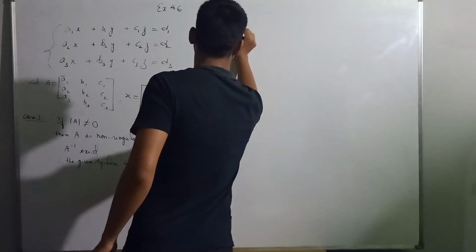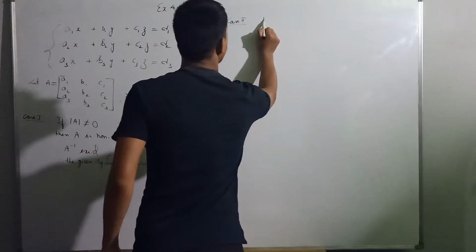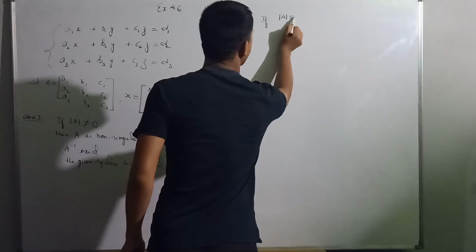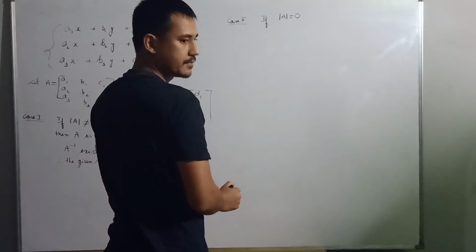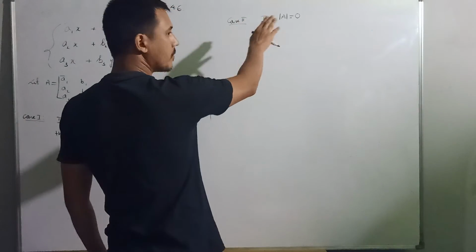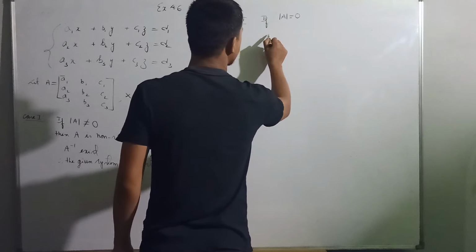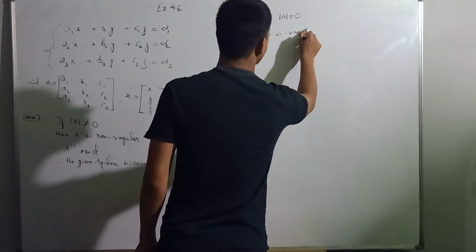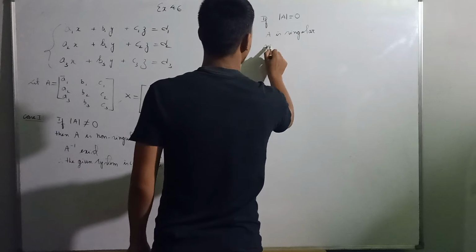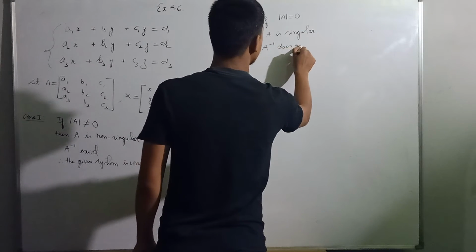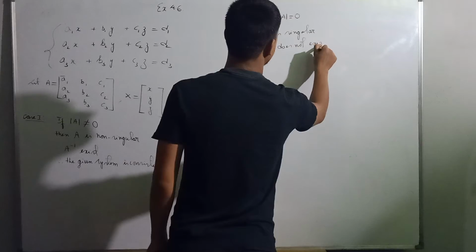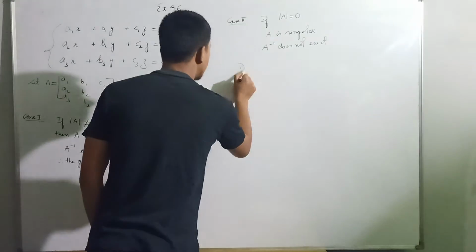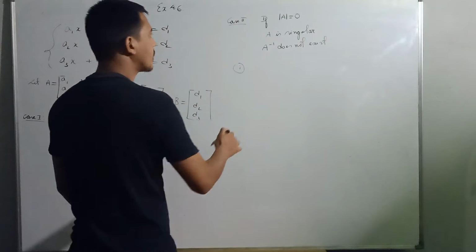Let's go for case 2. What happens if the determinant of A is 0? Then A is singular, so A inverse does not exist. Now, in case 2, we have two more situations.